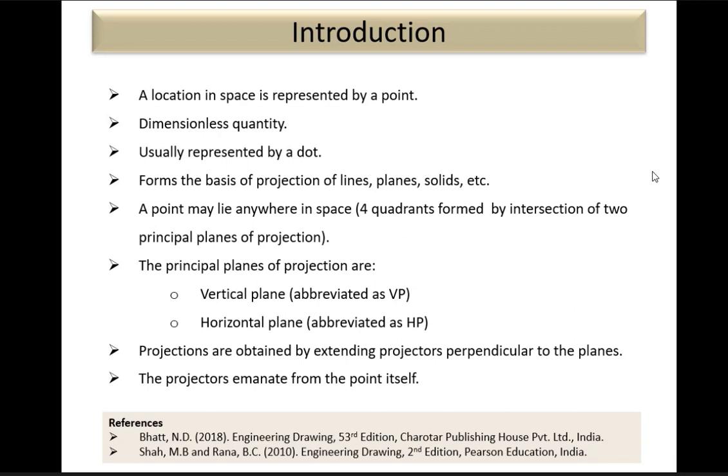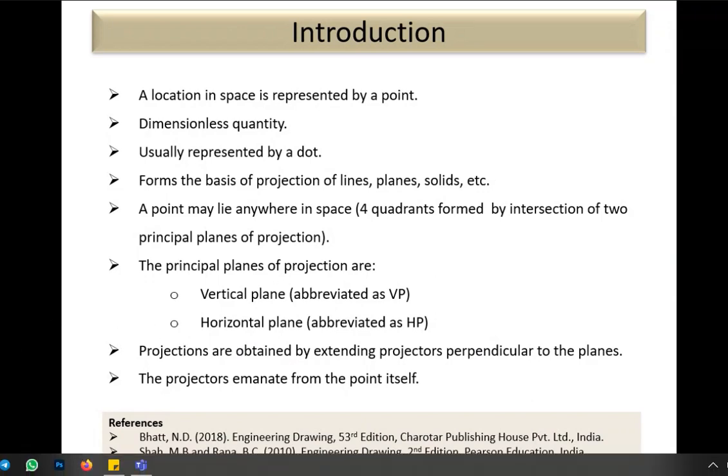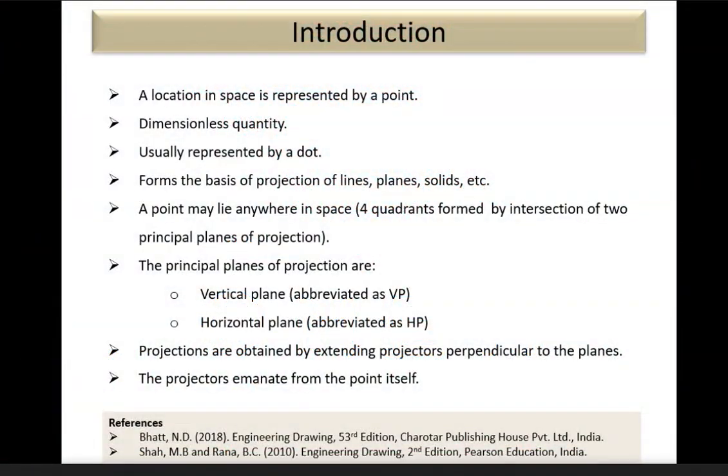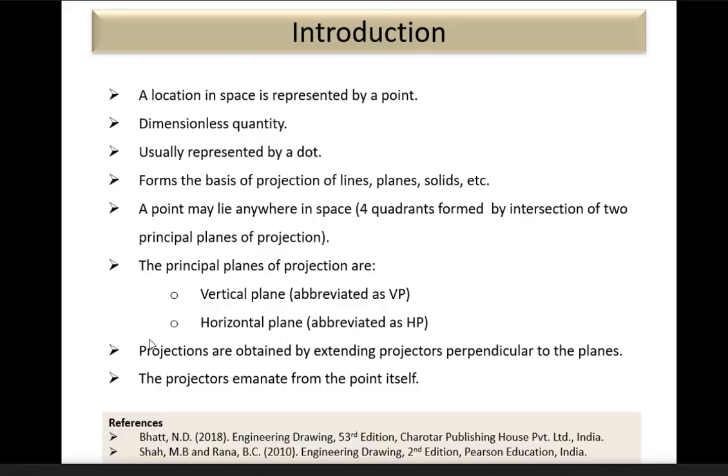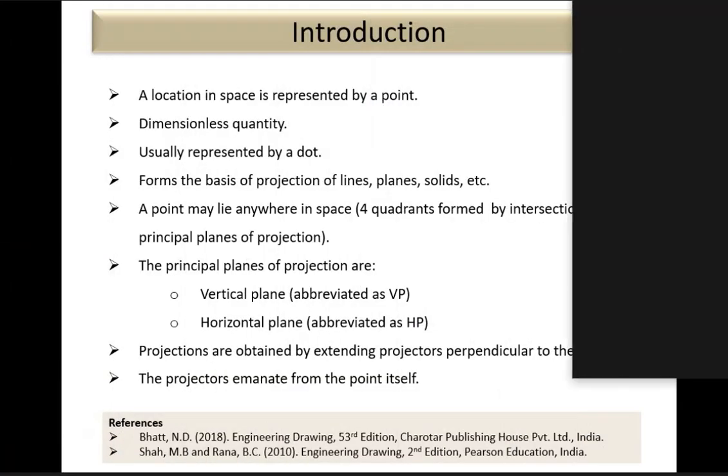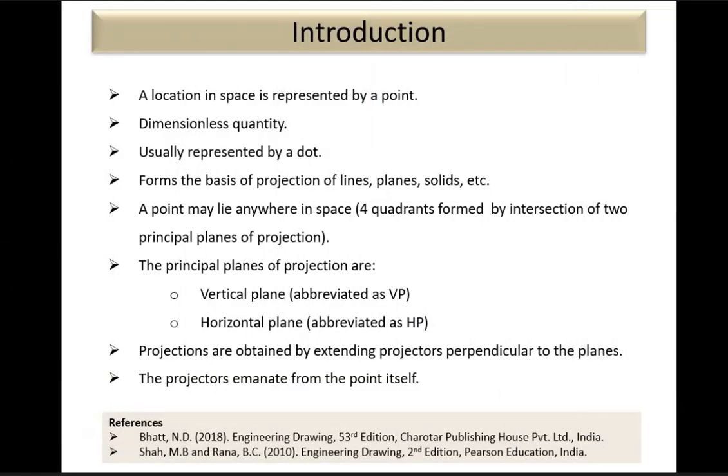So there are 4 quadrants, and I'll show you what those quadrants are, and we call them principal planes. And what are those principal planes? One is the vertical plane, second is the horizontal plane. And projections are basically obtained by extending the projectors, which are perpendicular to those planes.